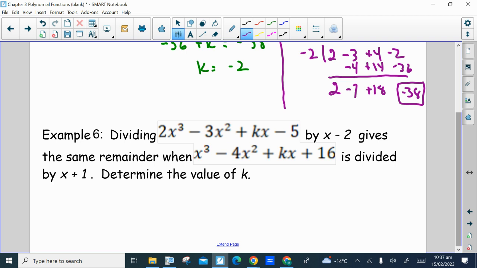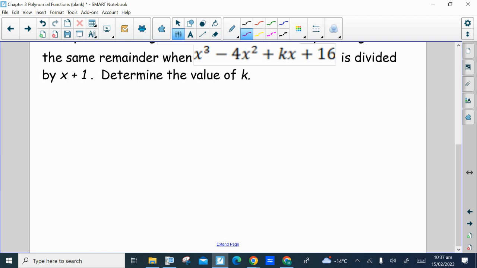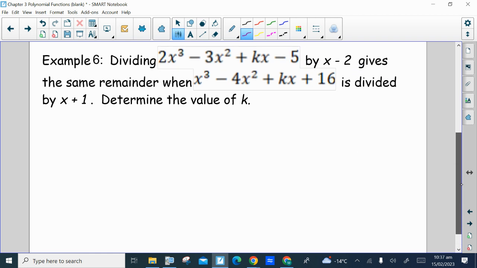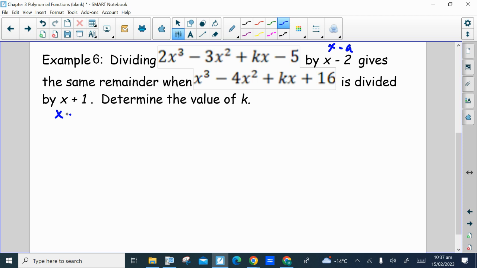But we can do this once again using the remainder theorem. For the first scenario, if you divide by x minus 2 and compare that to x minus a, you should realize that the a value is 2. The second one, compared to x minus a, has an a value of negative 1.